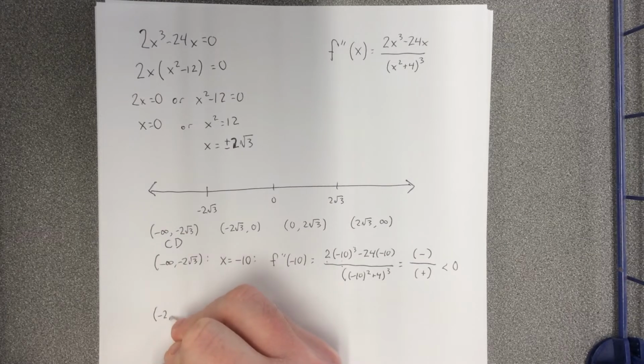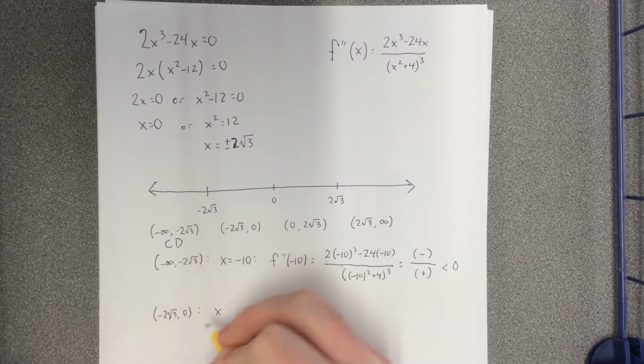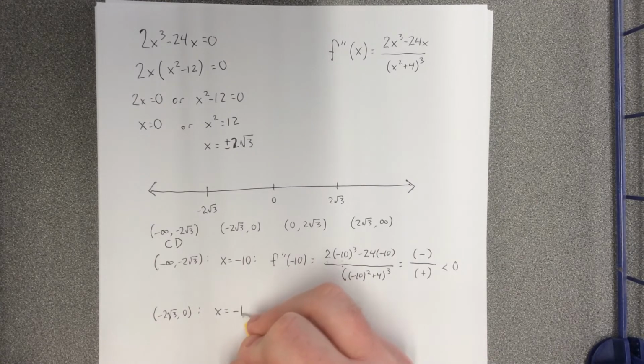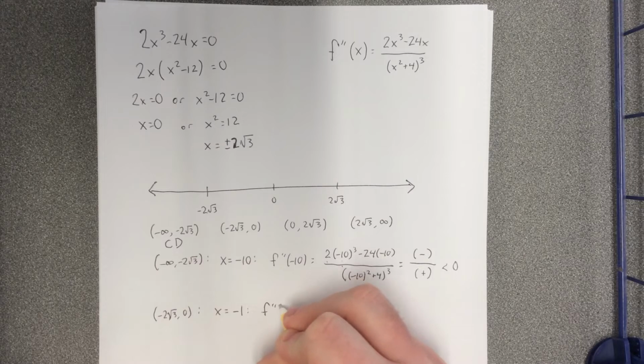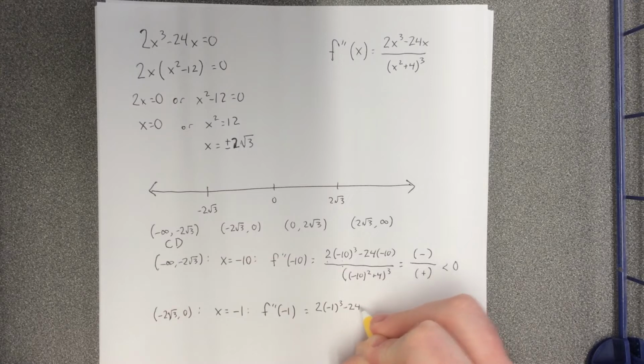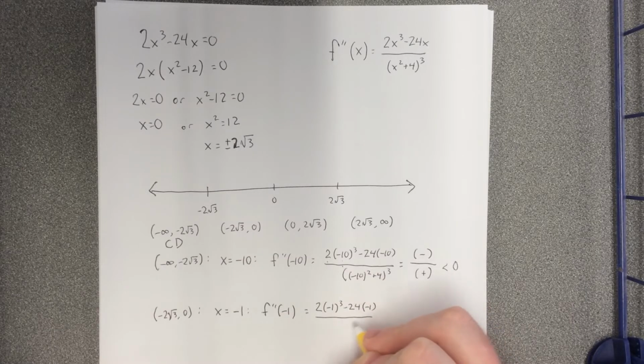For the next interval, negative 2 square roots of 3 all the way to 0. Again, negative 2 square roots of 3 is about negative 3.5, so I'm going to use x equals negative 1 just to be sure. F double prime of negative 1 is going to be equal to 2 times negative 1, quantity cubed, minus 24 times negative 1, all over negative 1 squared plus 4, quantity cubed.